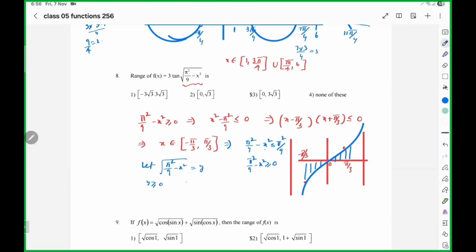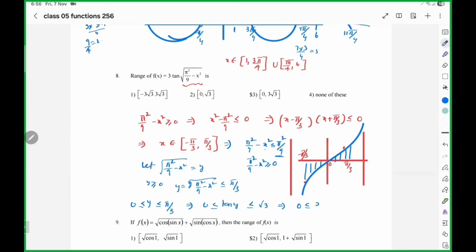And y will be here, the other boundary. If you take root of pi square by 9 minus x square, it should be less than pi by 3. That means y lies between 0 and pi by 3. Tan y should be between tan 0 and tan 60.